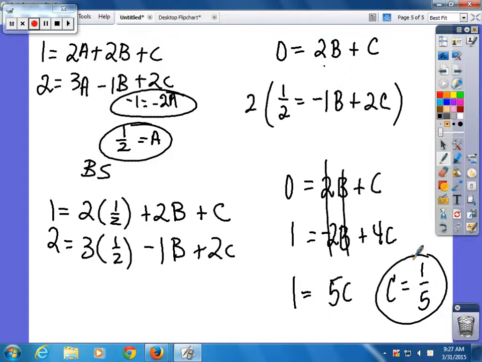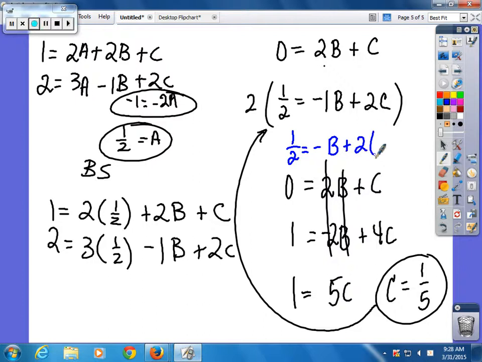So now I can back substitute, and I could probably plug that into this one. 1/2, I'm going to do it in blue so you know it's different. 1/2 is equal to negative B plus 2 times what? 1/5. And 2/5 is the same as 4/10.